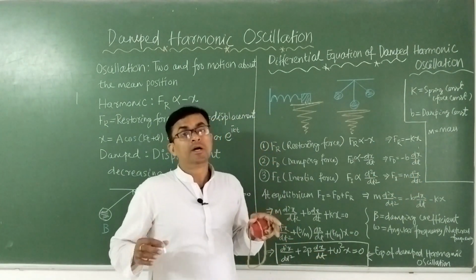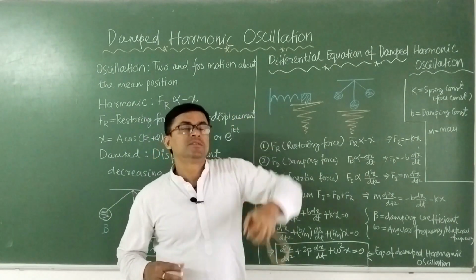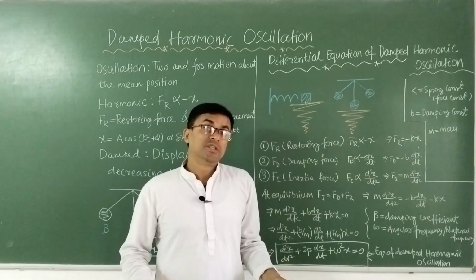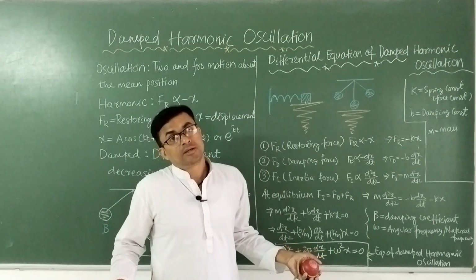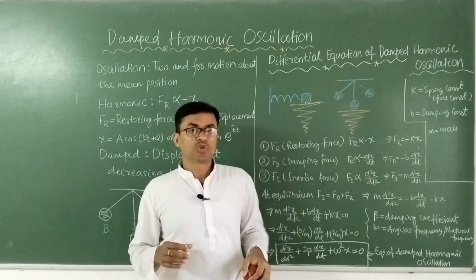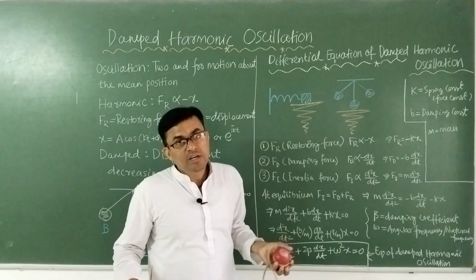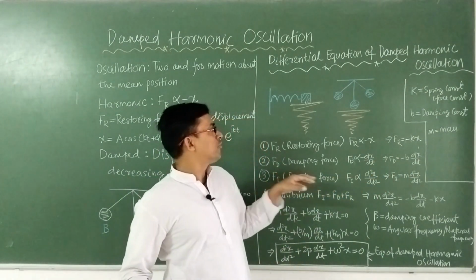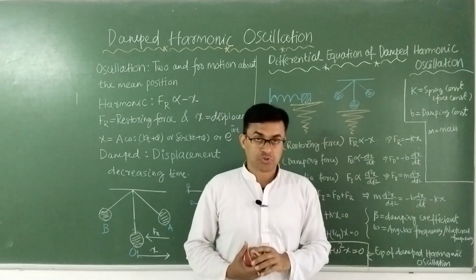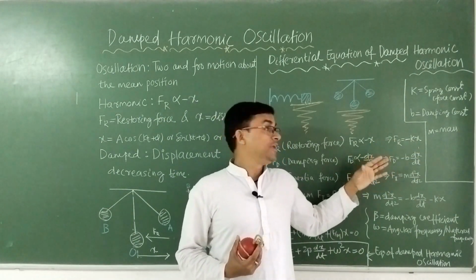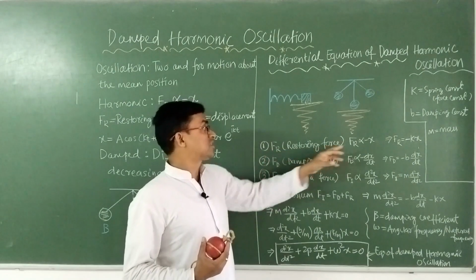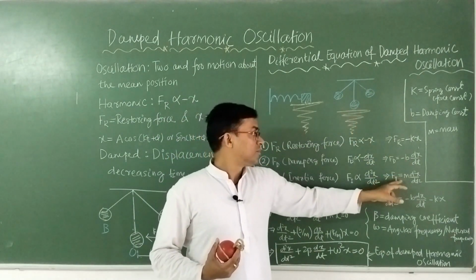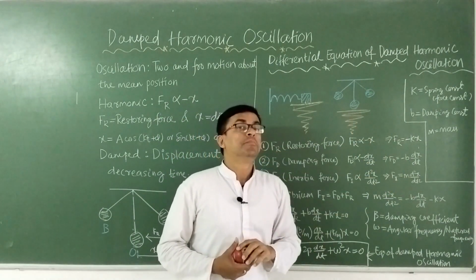If you put the same pendulum in water, then you will find a different damping factor. If we put it in oil, then you will find a different type of resistance. This constant b is called the damping constant, and it depends upon the medium. The restoring force constant k depends upon the system, but the damping constant depends upon the medium where the motion is happening.